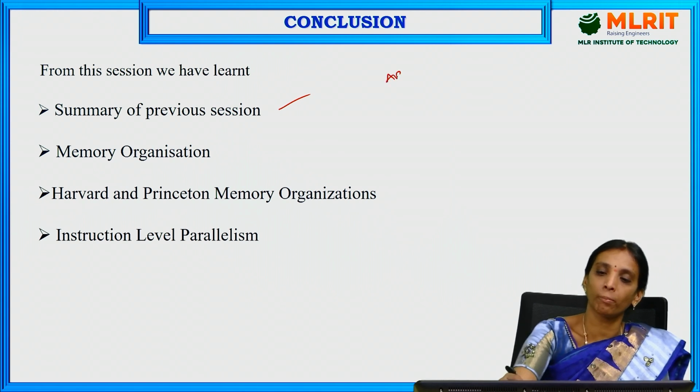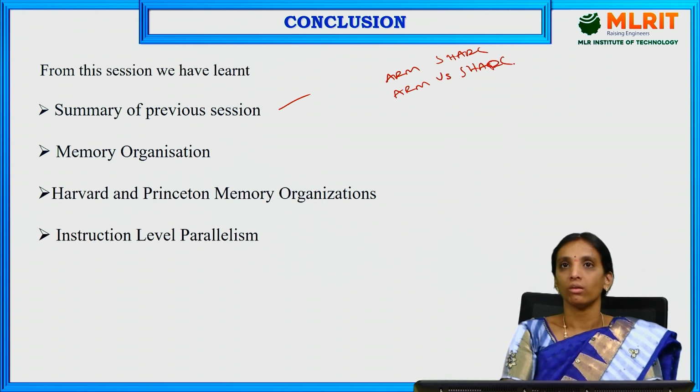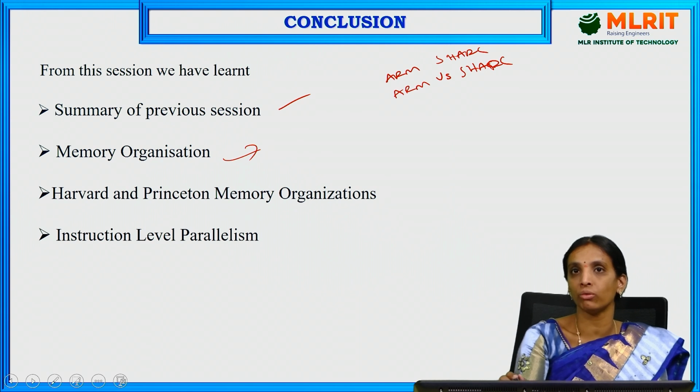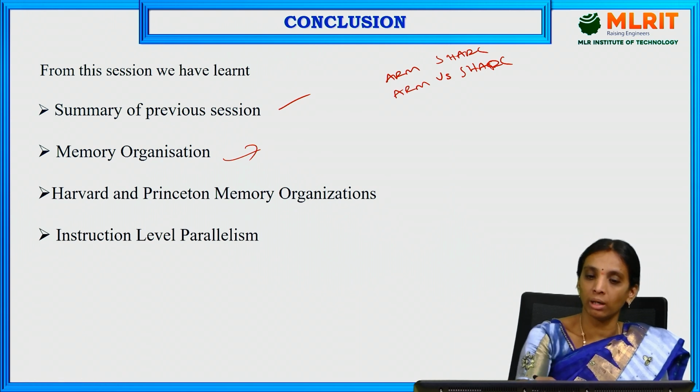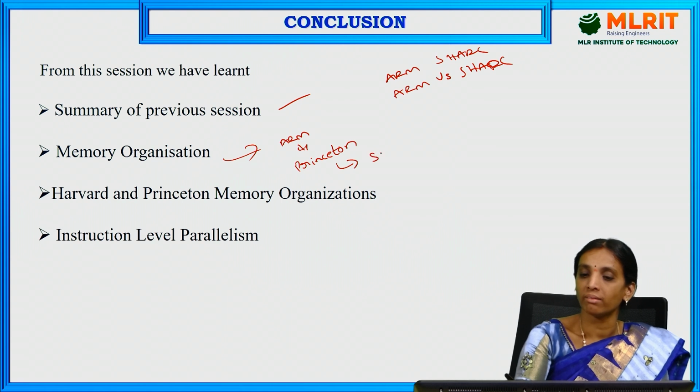In this session we have discussed the summary of the previous session, that is ARM processor features and SHARC processor features, and the differences between ARM and SHARC. Now we have discussed the memory organization of the ARM processor. There are two different types of architectures utilized by ARM processors. Some older versions follow the Princeton architecture, where the same memory is used for both address and data.